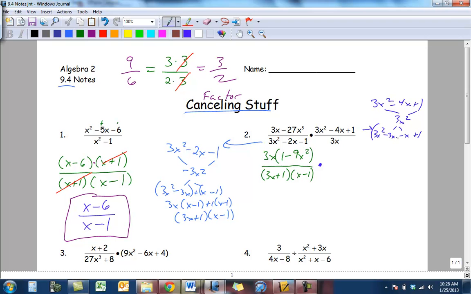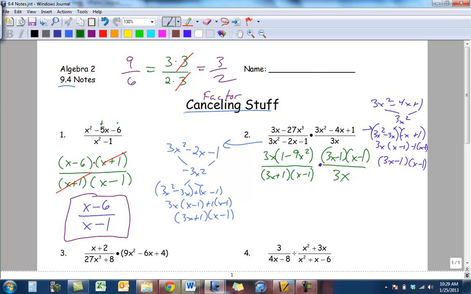When you group it, make sure this negative is inside the second one. And a -1 can come out here. We're left with x minus 1. So you got 3x minus 1 and x minus 1. All right, so this is 3x minus 1, x minus 1 over 3x.